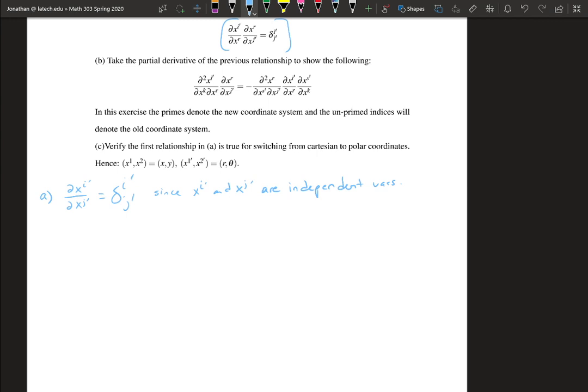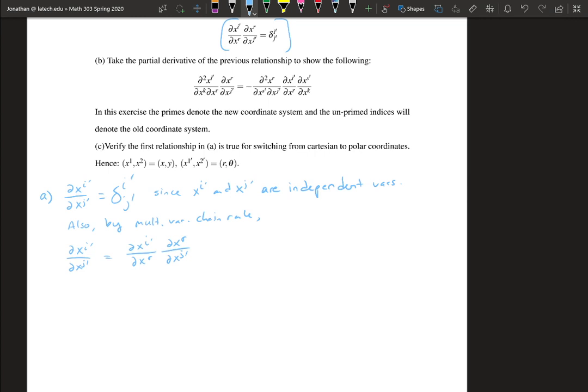Now, how do we get the thing on the left? Well, that's just the multivariable chain rule. So also, by the multivariable chain rule, partial xi prime partial xj prime will be equal to partial xi prime partial xr times partial xr partial xj prime.